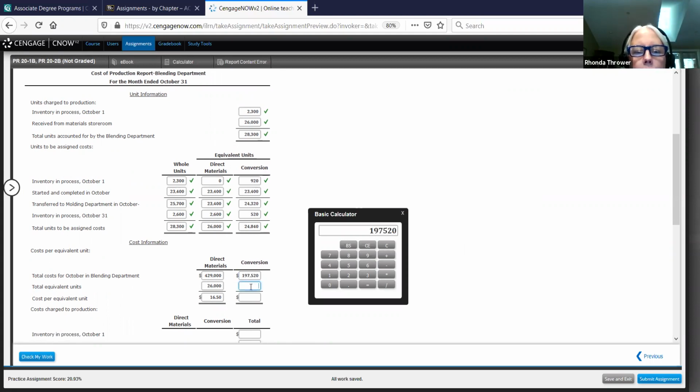We're going to divide the total cost of conversion by the conversion equivalent units that we found from up above, 24,840.